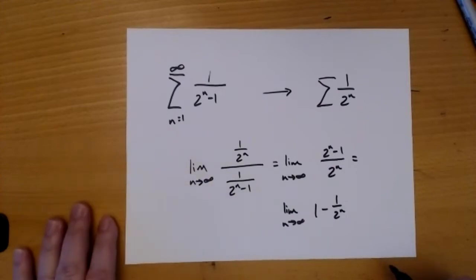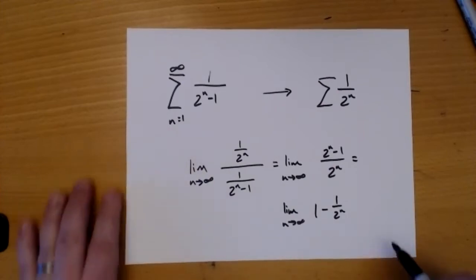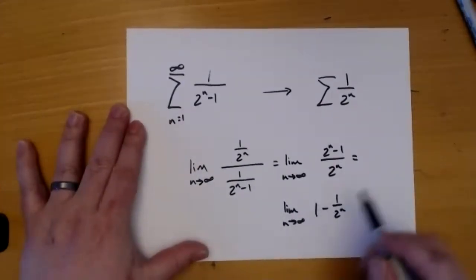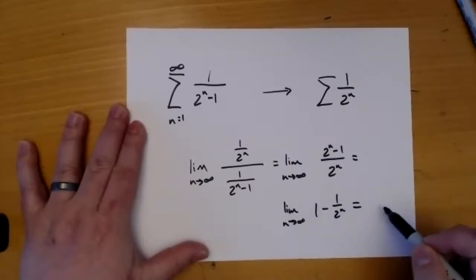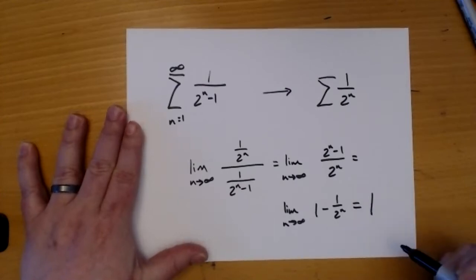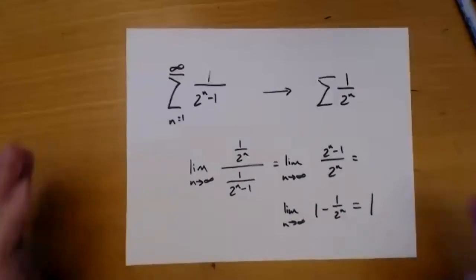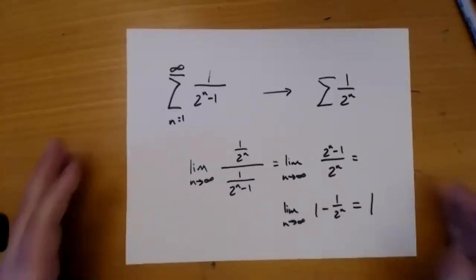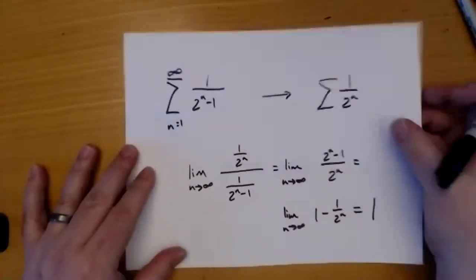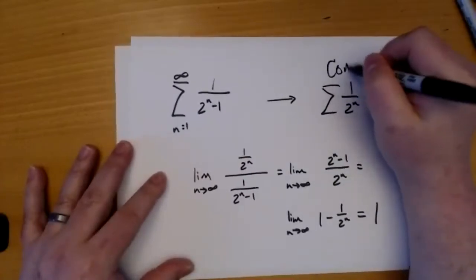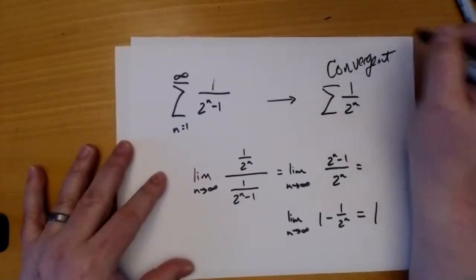And once we take the limit, it goes to what? 1. Now, here's what the limit comparison test tells me. By the way, this was convergent.